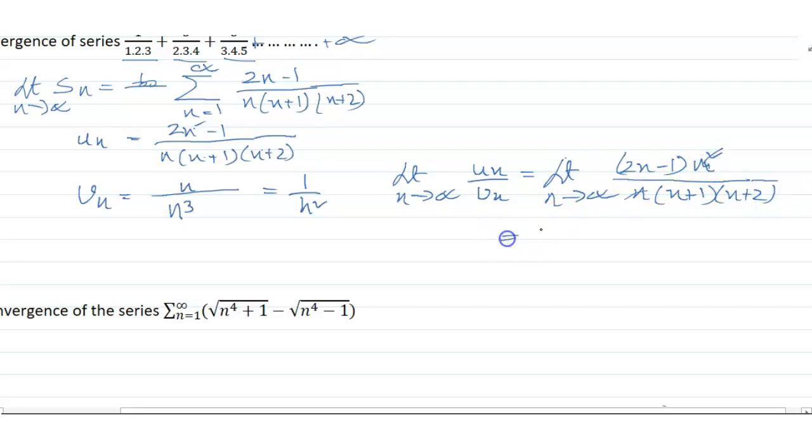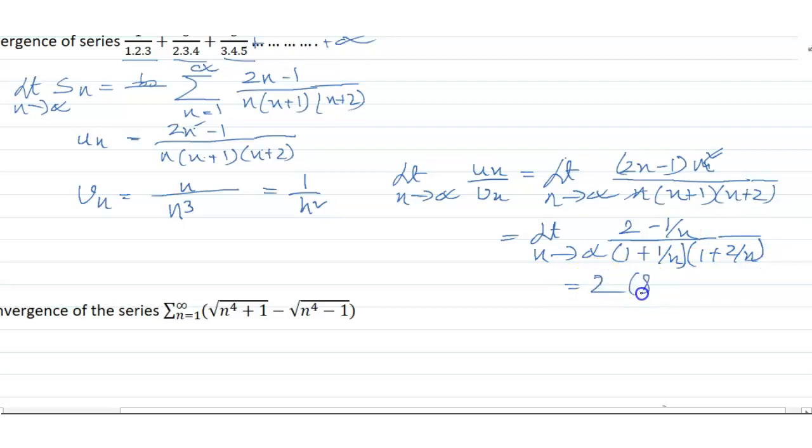So friends, whatever I get, limit n tends to infinity, I can get this way: 2 into minus 1 by n divided by 1 plus 1 by n, 1 plus 2 by n, and it can be written this way, 2.